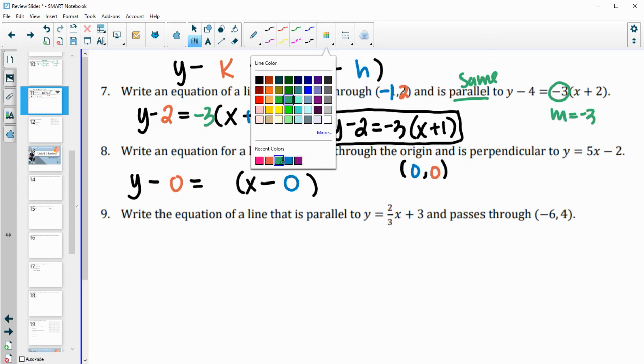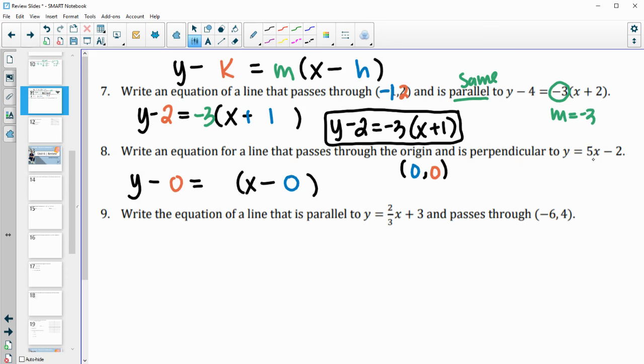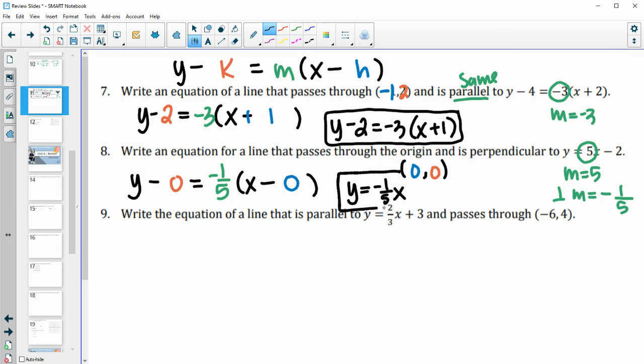And then we just need the slope perpendicular to this one. So here's this slope. The perpendicular slope would be the opposite, so negative, and the flip of this, so -1/5 would go in here. And then if we just simplify this a little bit, it would just be y equals -1/5 x.